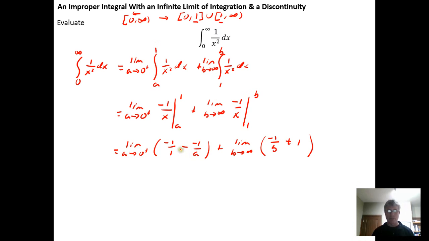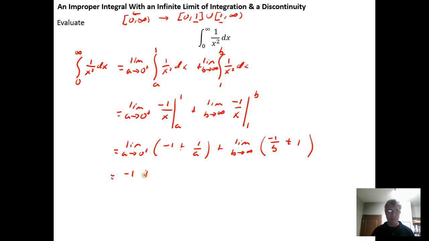plus 1. And this will simplify right here to negative 1 equals, and the limit of a constant is the constant. Double negation makes this a plus.